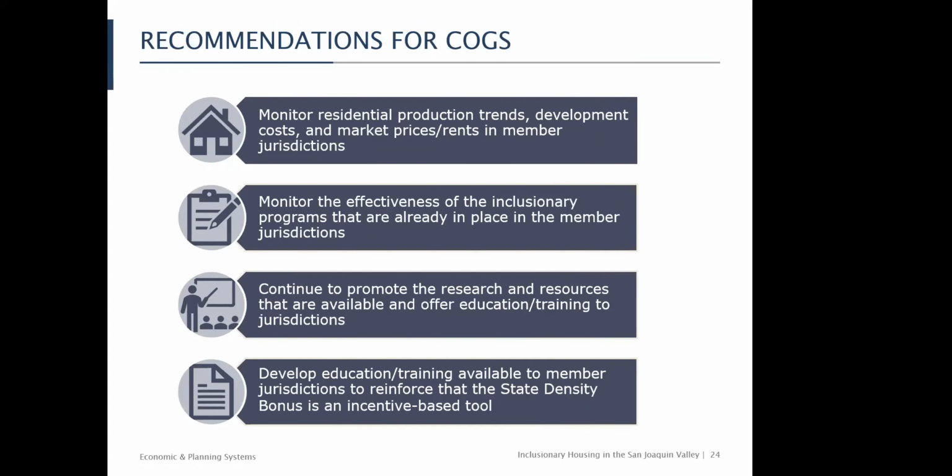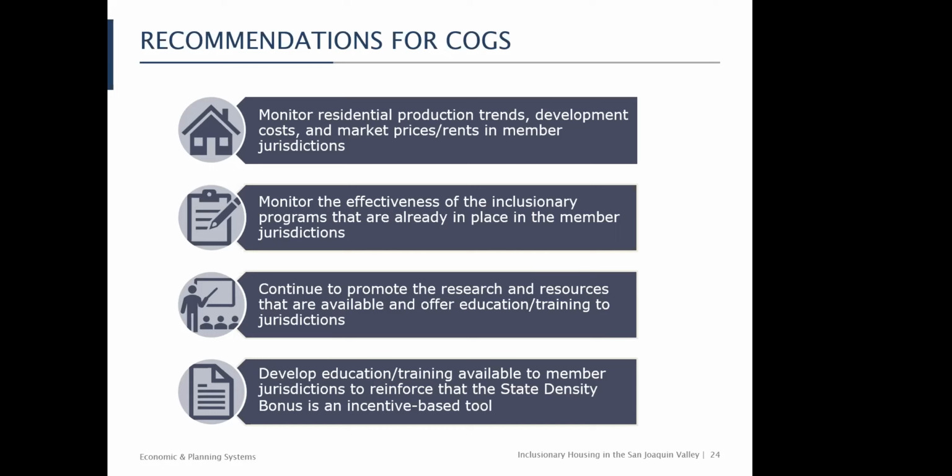For COGs, staying on top of the market and development trends on behalf of jurisdictions means that jurisdictions will be really ready to go when conditions are right. The COGs can also play a role in monitoring how the existing programs in the Valley are doing. That can be helpful. It's a question that comes up at council meetings all the time.